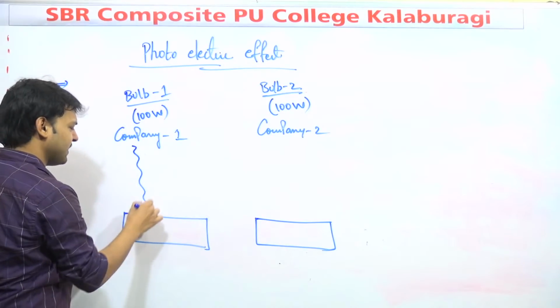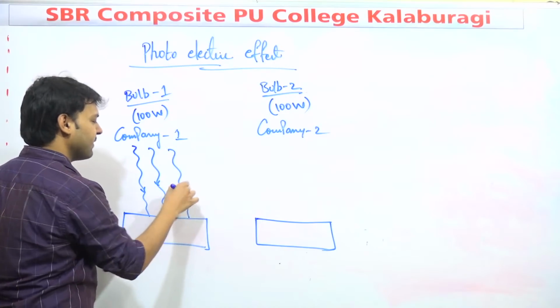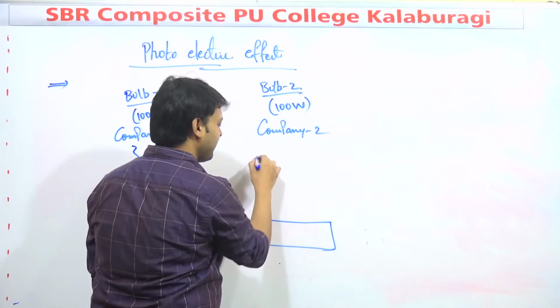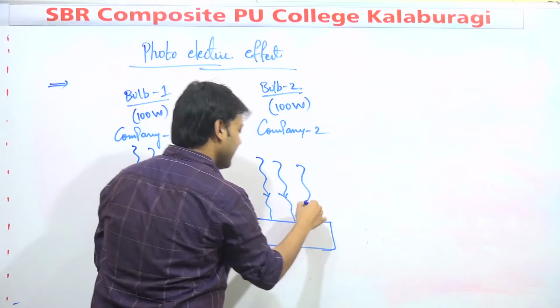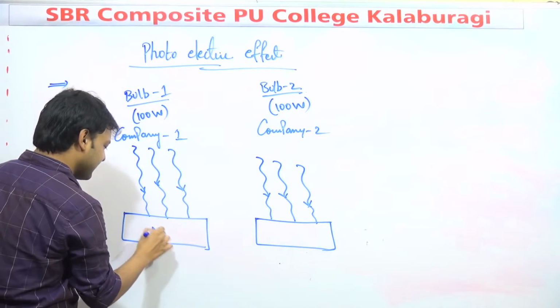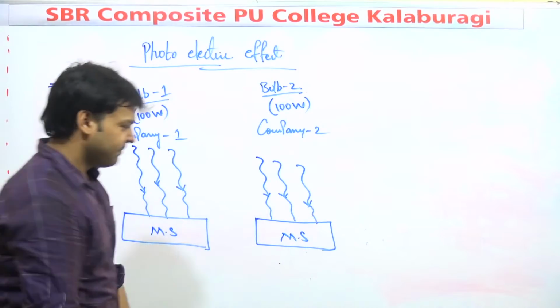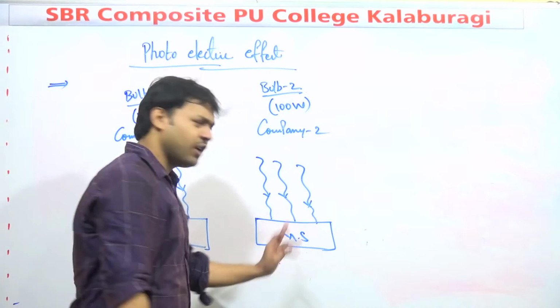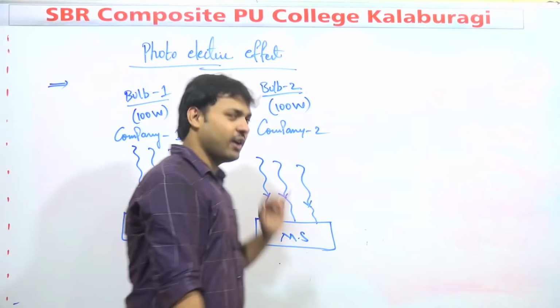The photons will strike the surface. And bulb 2 I switched on. Try to understand. Same metal surface. Same metal. Okay? So both are of same metal. And bulb 1 I switched on. And bulb 2 I switched on.